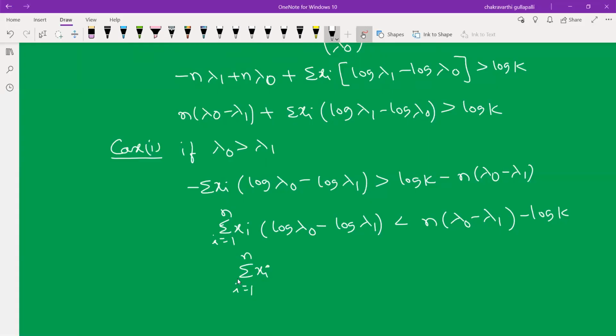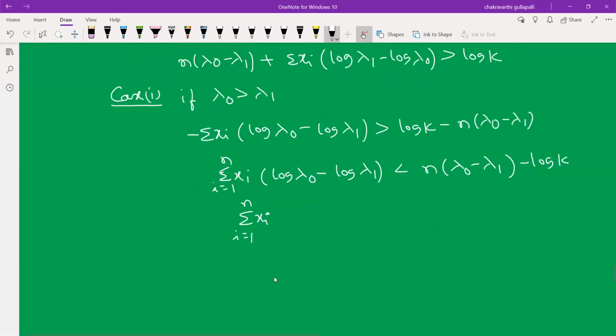BCR means a function of the sample observations, a statistic. There is a sample statistic here.